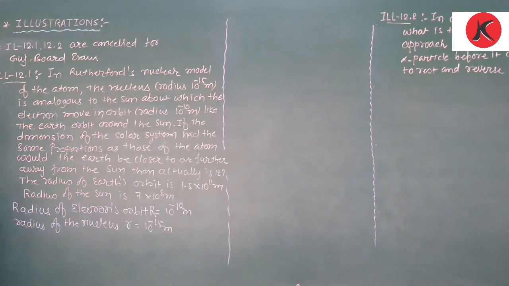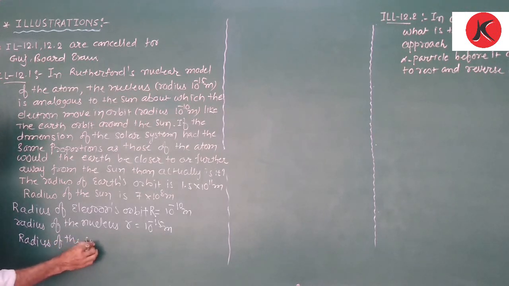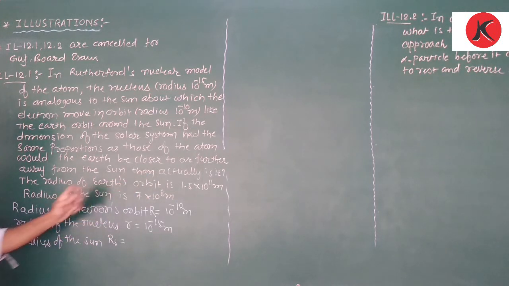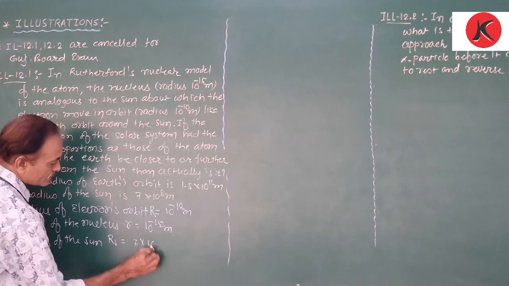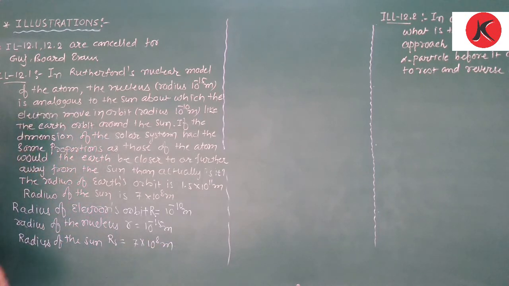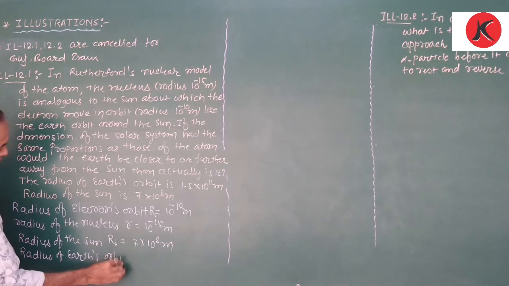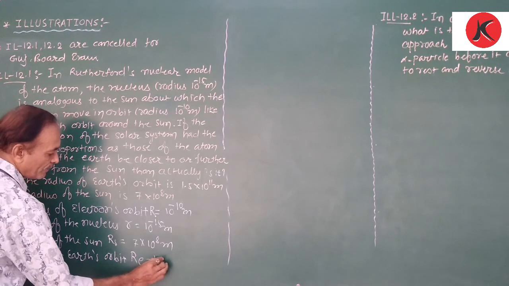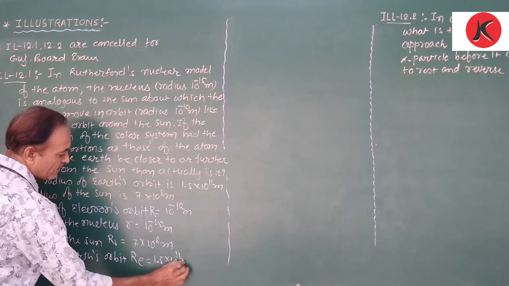After that, the radius of the sun, RS, is given as 7 × 10⁸ meter, and the radius of the Earth's orbit, RE, is given as 1.5 × 10¹¹ meter.